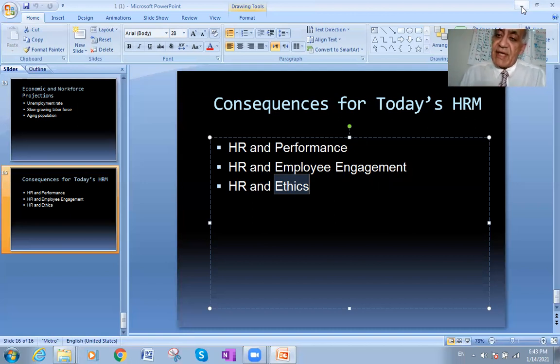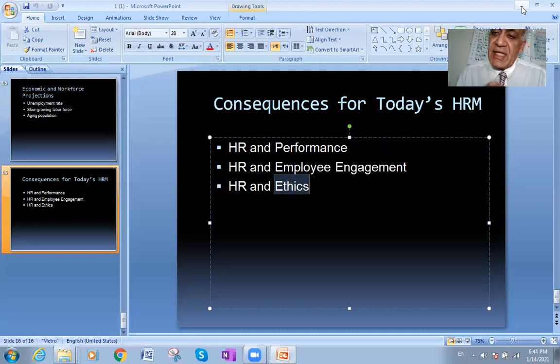And the variables affecting human resource performance are many. We talked about some of them, like technology, globalization, changes in the economic situation, the aging problem, the code of ethics, and employee engagement. All these things together affect human resource management's duties and responsibilities.